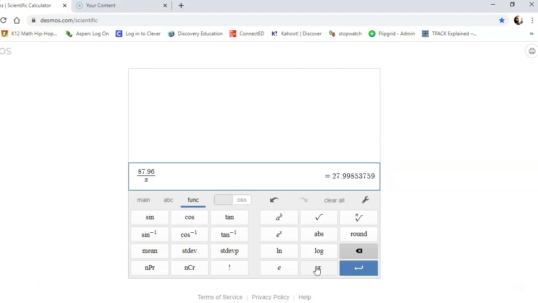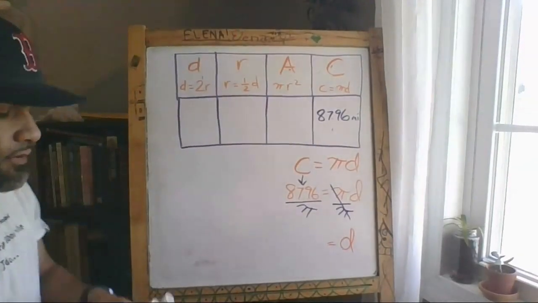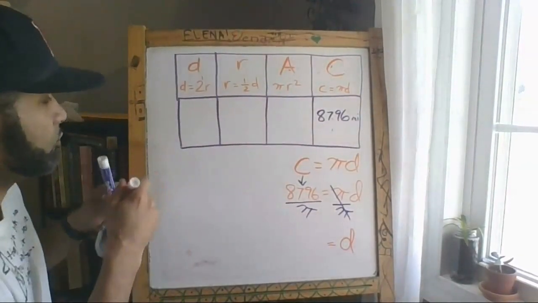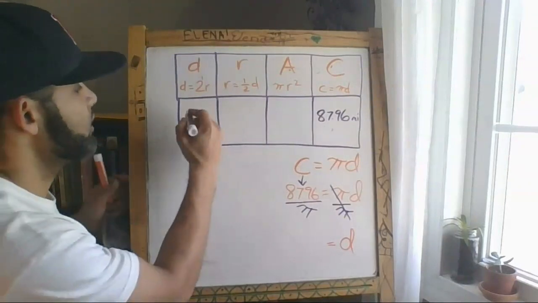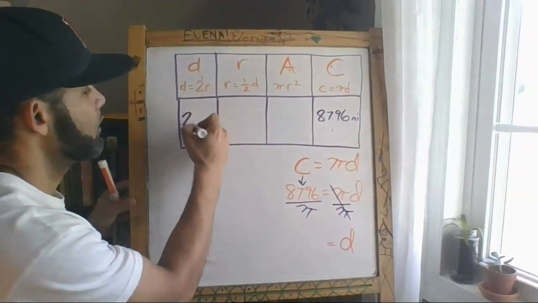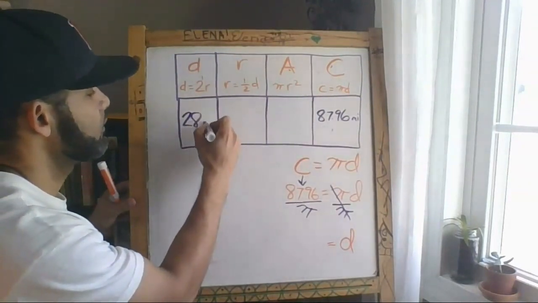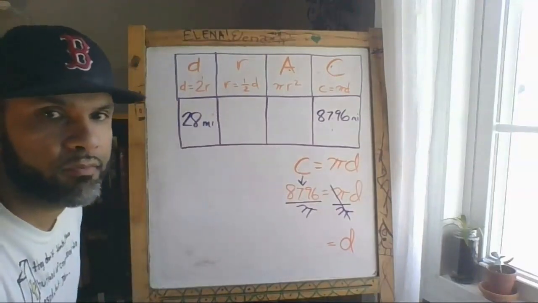So 27.99, that 99 is going to round up to the next whole number. So our diameter is 28.00. In other words, it's 28. So here I'm going to write the number 28. And again, units is important, miles.